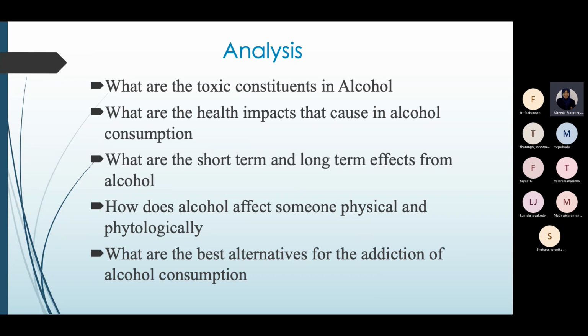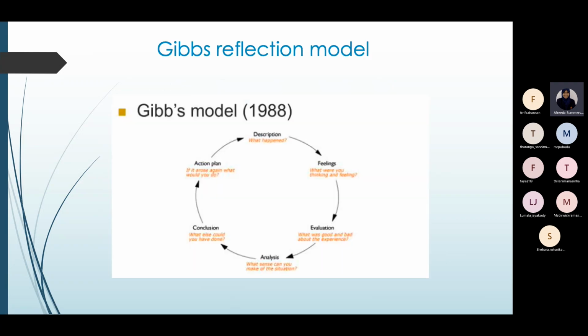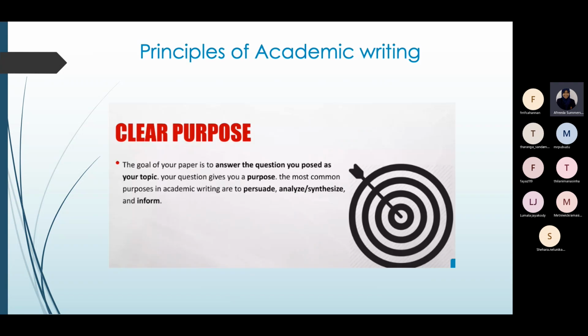It's like breathing for them. You start hitting your family, disruptive behavior, everything, right? Physical, psychological, sorry about the spelling. And what are the alternatives that you can take when it comes to addiction to alcohol consumption? No need to worry about this, right?